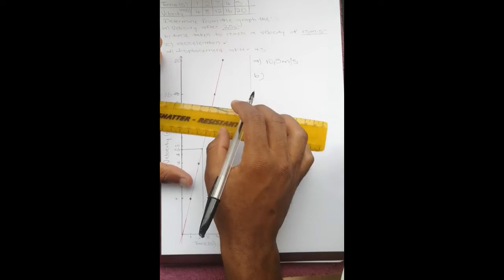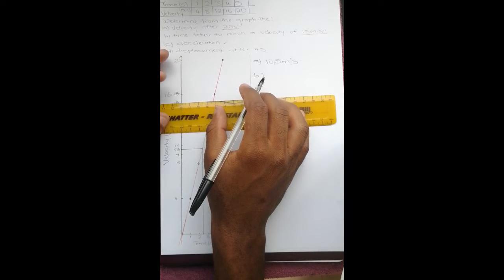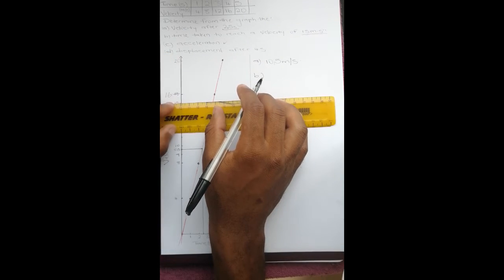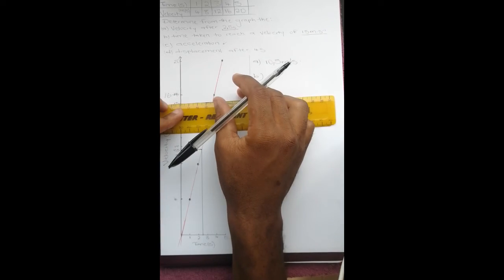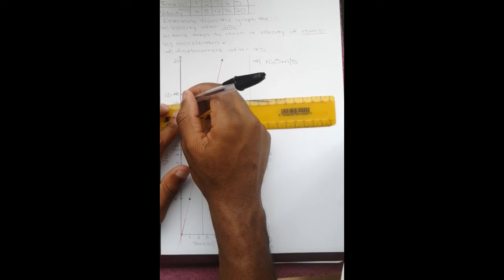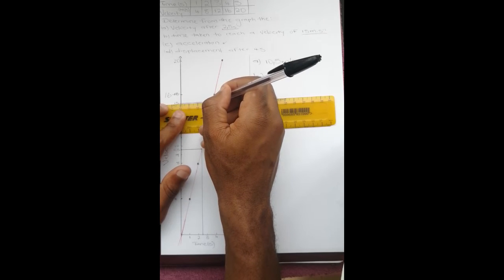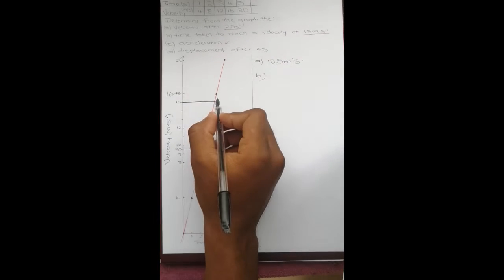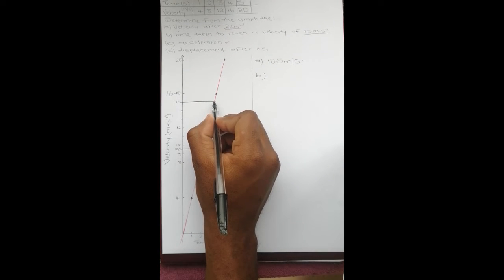So what we do is draw a horizontal line from the y-axis to the graph, and then here's the point.